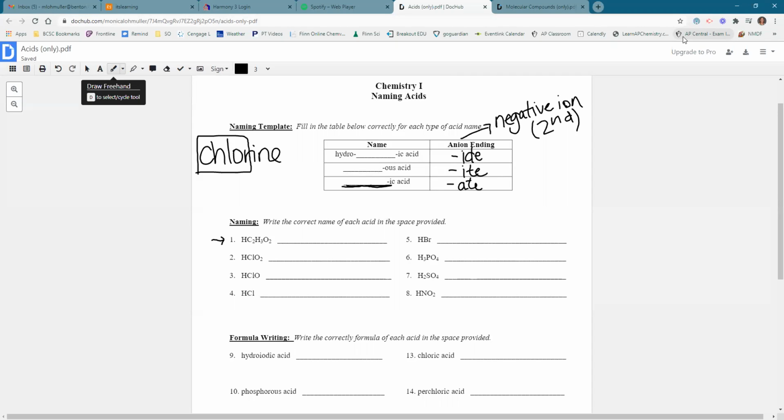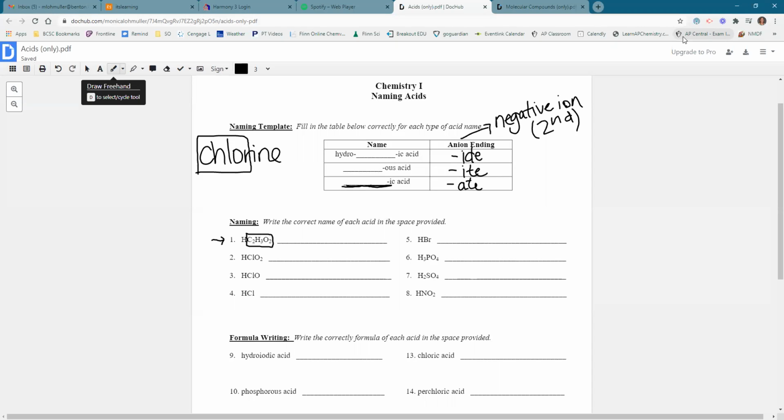Because for this example, we need to know what the C2H3O2 is called in order to name it properly. And if it's not written in this exact way, it's hard for you to look that up, okay?